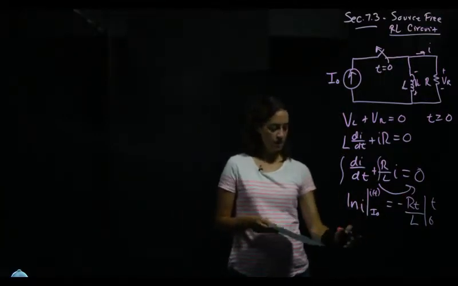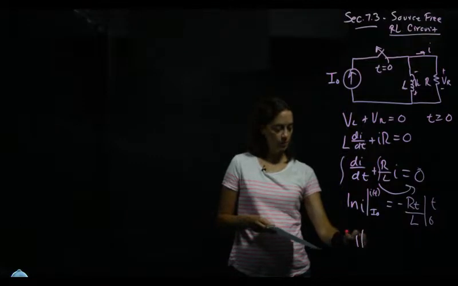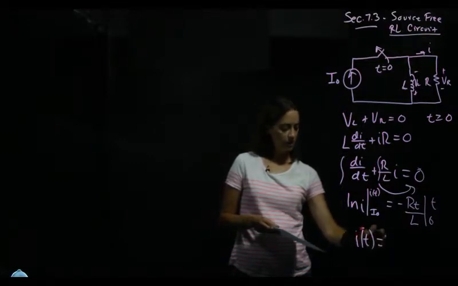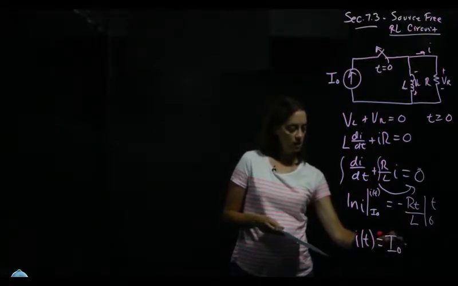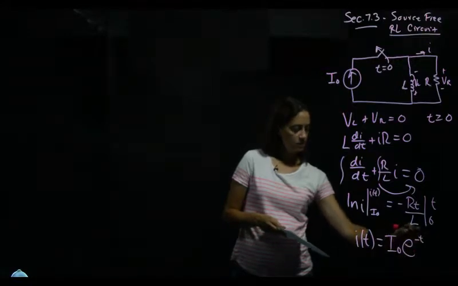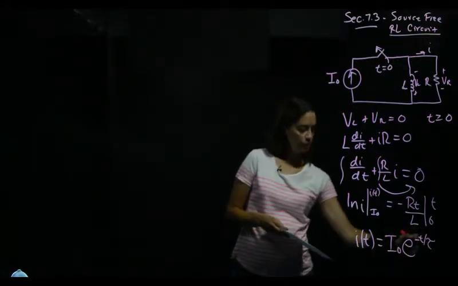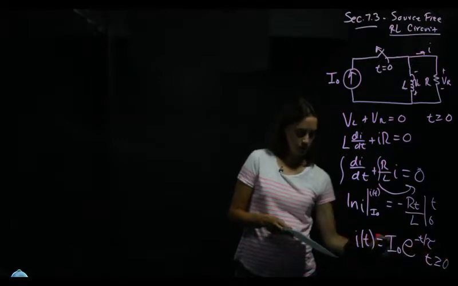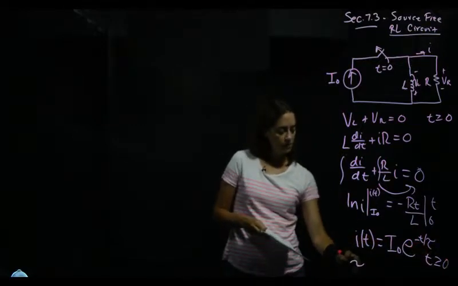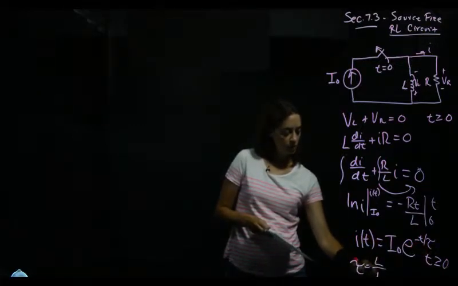And obviously solving that down, you can follow along in your book. That's just calculus stuff. We get i(t) equals I naught e to the minus t over tau, for t greater than or equal to 0, where our tau is L over R.